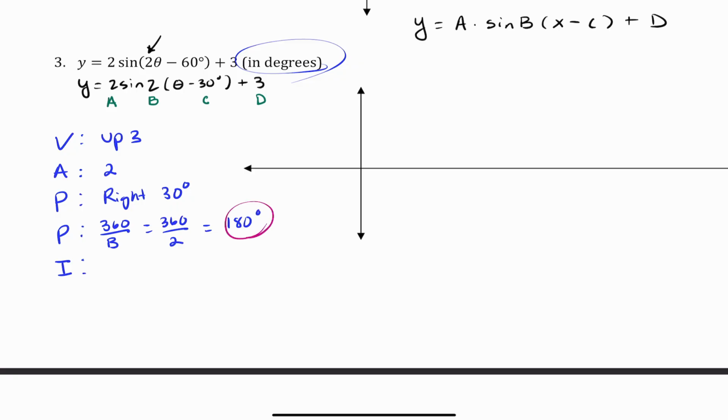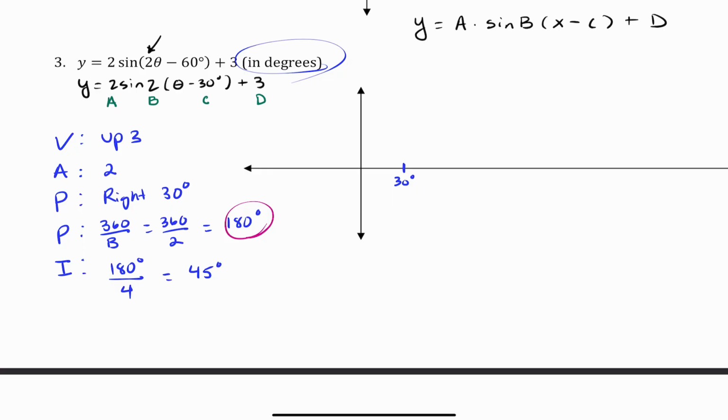Now you take that 180 degrees and then you divide by 4. So what is 180 divided by 4? That is 45 degrees. So you are going right 30, and then you're adding 45 each time.